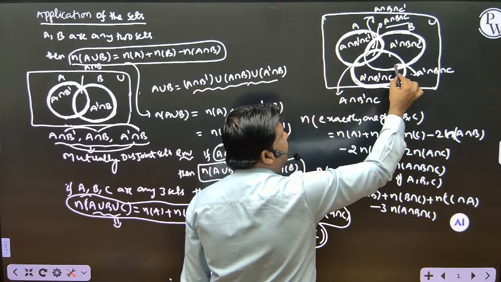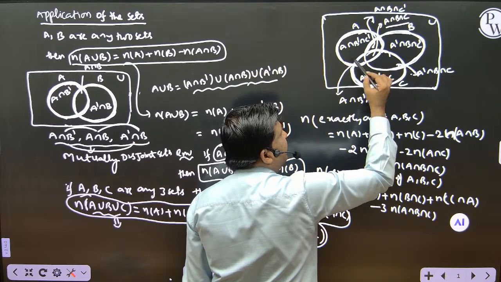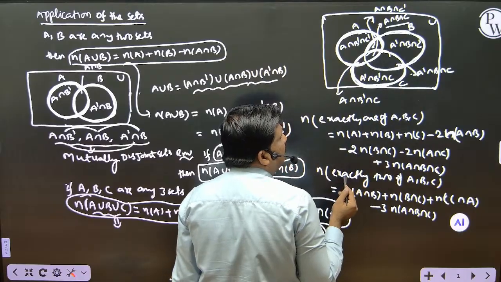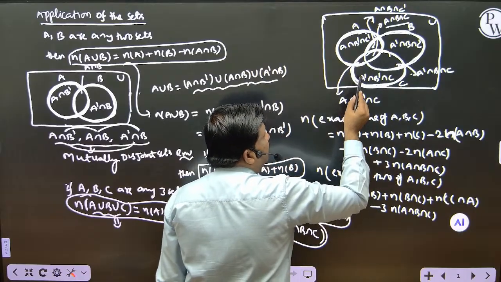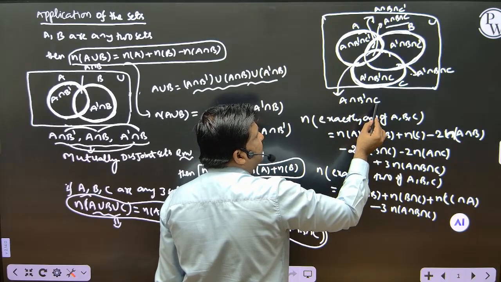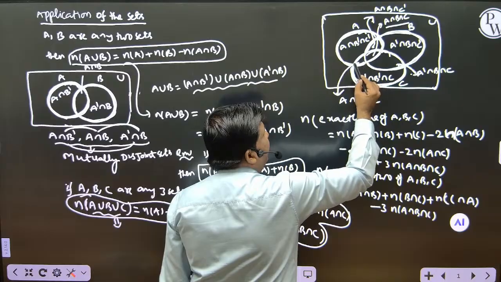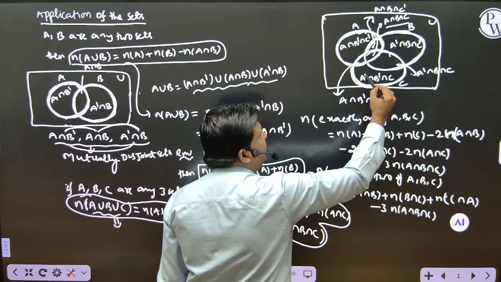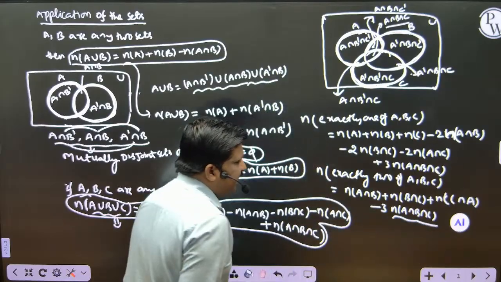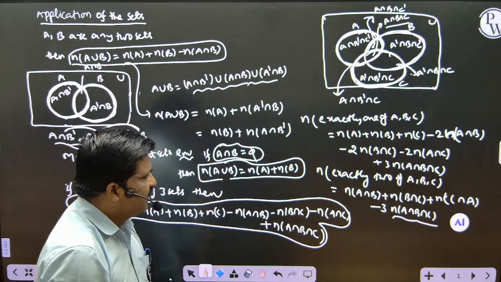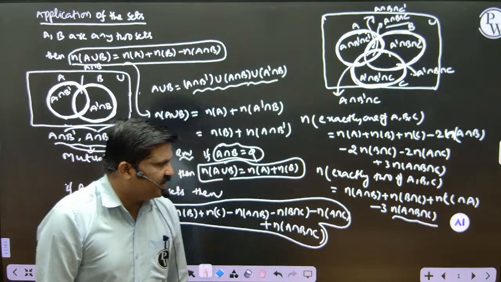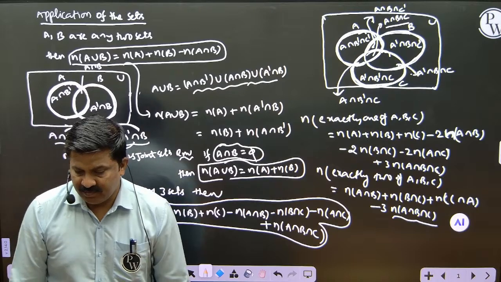From b and c, you delete a intersection b intersection c. Then automatically you get this part. How do you get a intersection b complement intersection c? From a and c, you delete a intersection b intersection c. So finally, how many times did I delete a intersection b intersection c? 3 times I deleted it. That's why I have written minus of this. Right?